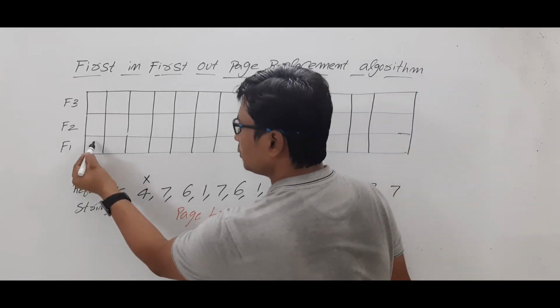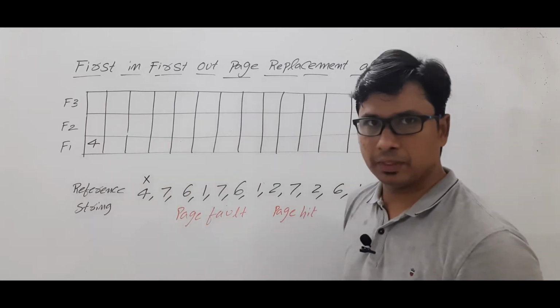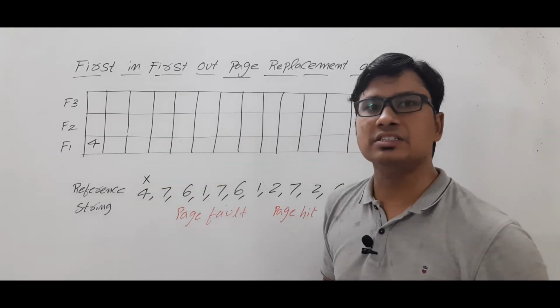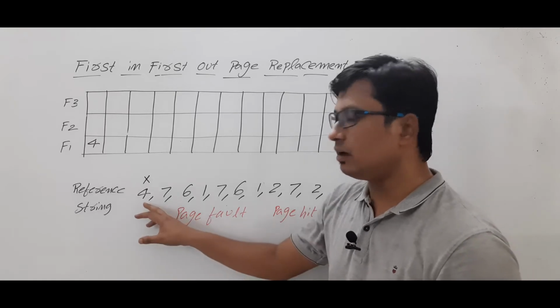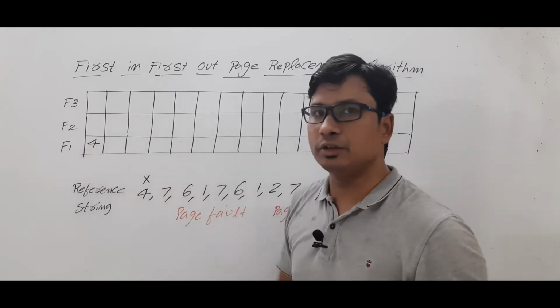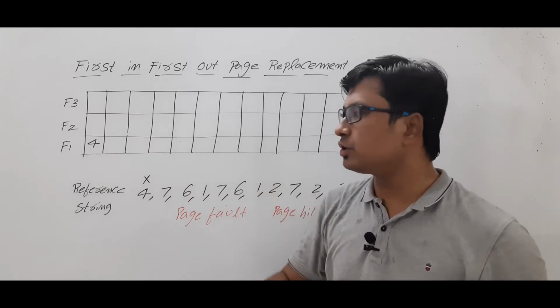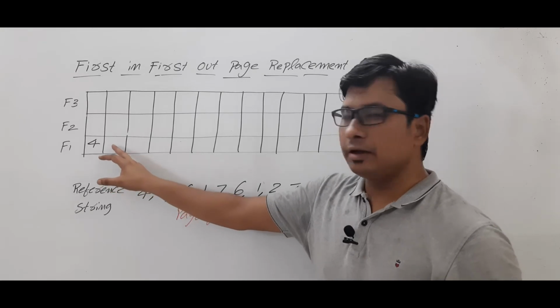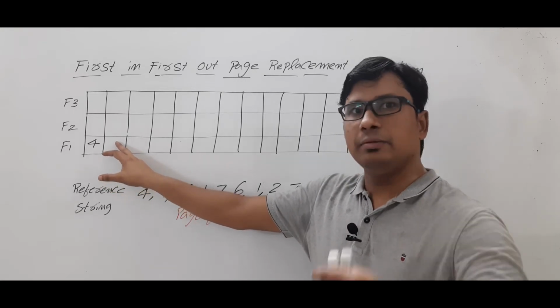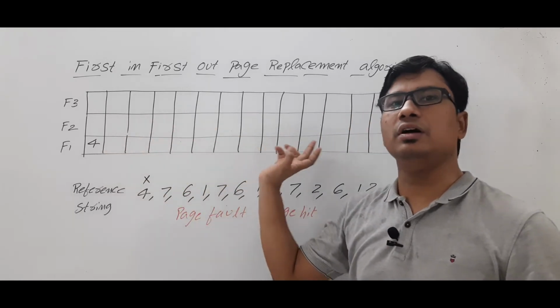Now we have to insert page number 4 in any one of the frames. That is what we call a swap in. Bringing a particular page from the secondary memory and keeping it in the main memory is called swap in. Swap out means the reverse process: moving a page which is already available in the main memory into the secondary memory.